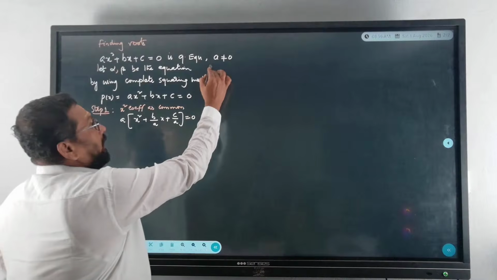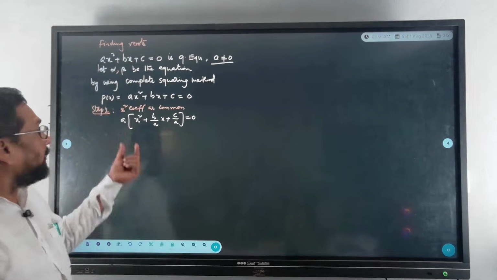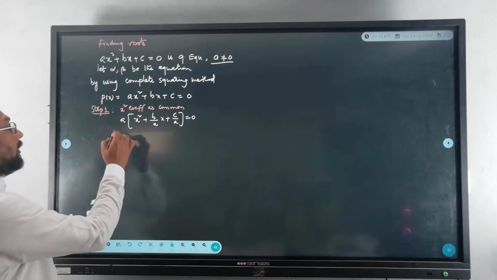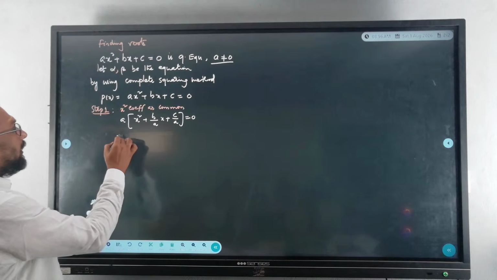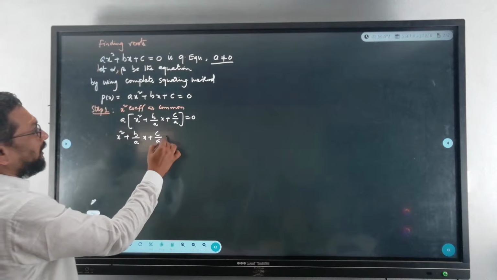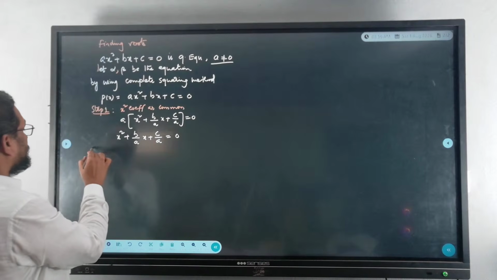Clearly given that a not equal to 0 and the product of a and this bracket is 0 కదండి. కాబట్టి ఏమవుతుంది ఇప్పుడు x square plus b by a times x plus c by a equal to 0.